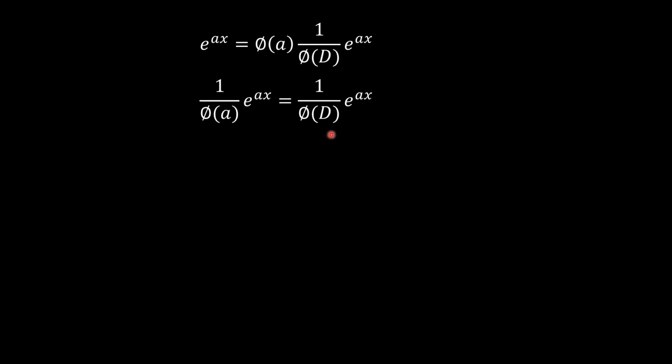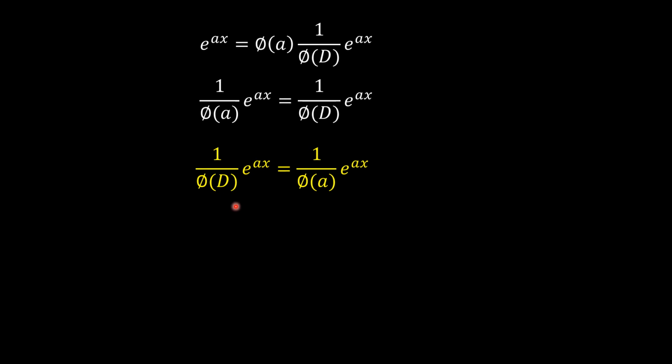Now, we rewrite this expression as 1 upon phi of D of e raised to ax is equal to 1 upon phi of a into e raised to ax. Now see, this is the required term. This is the particular integral, for which we got the expression 1 upon phi of a into e raised to ax. So comparing both the sides, what did we understand from this?